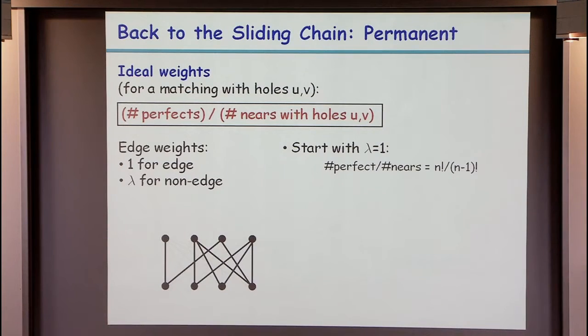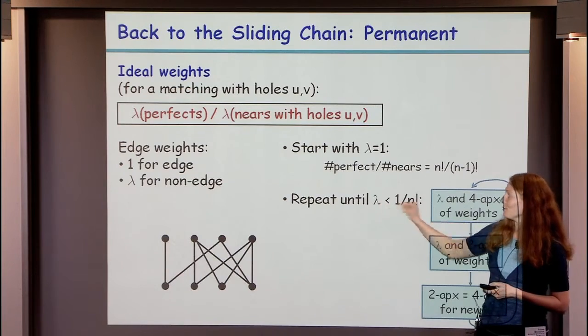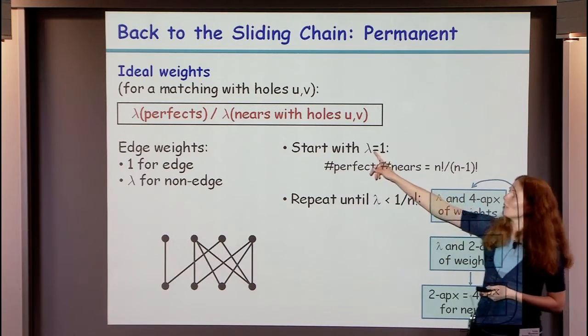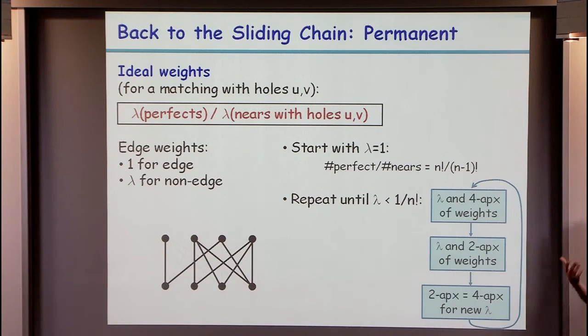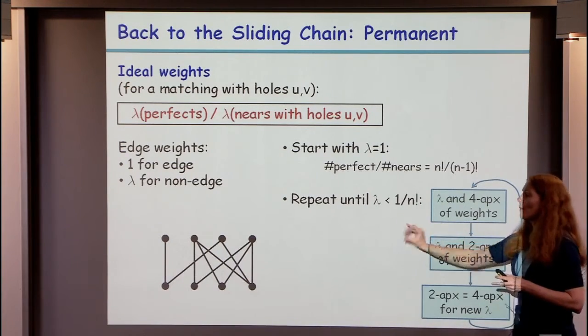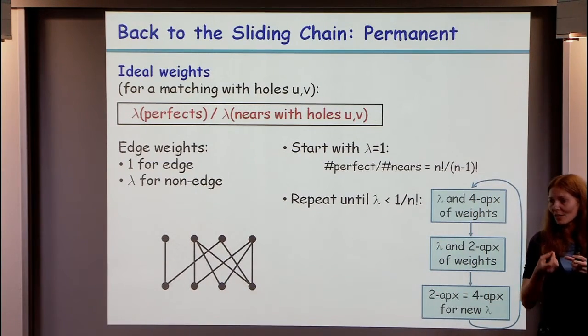So now, what happens is with the lambda in, instead of doing the number of perfect matchings over the number of near matchings, now I'm doing the lambda weighted variant of this. What this means is I'm always going to work with the complete bipartite graph, but now some edges will contribute this lambda factor.